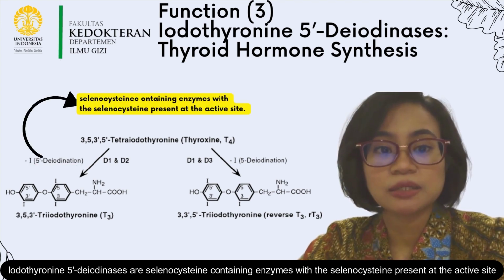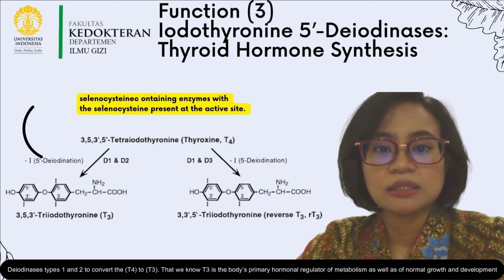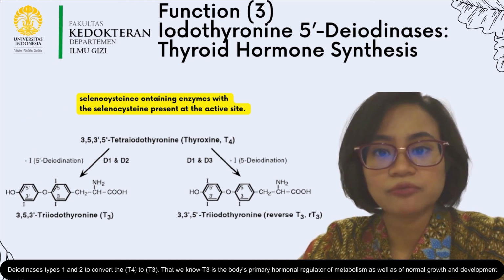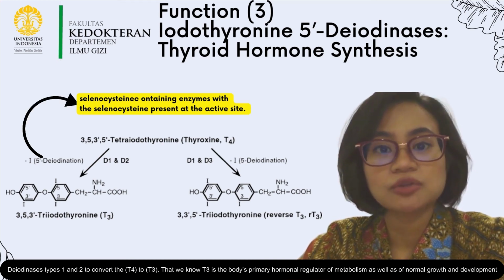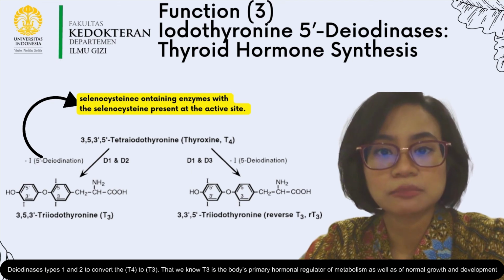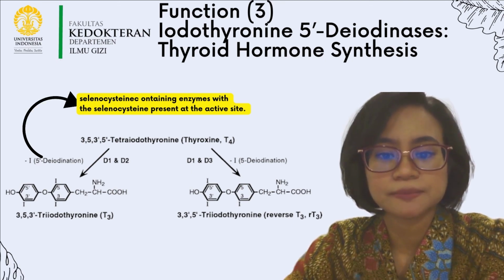The latter are selenocysteine containing enzymes with the selenocysteine present at the active site. Deiodinases type 1 and 2 convert T4 to T3. We know T3 is the body's primary hormonal regulator of metabolism as well as of normal growth and development.